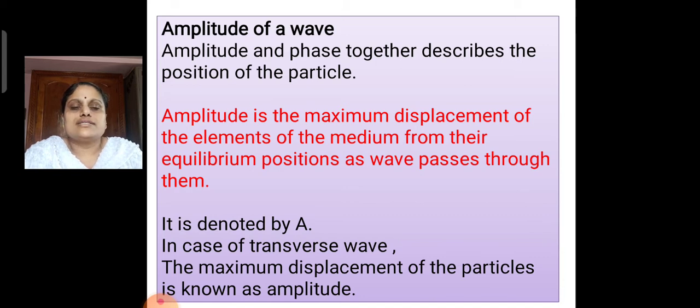We had already discussed in the previous chapter that amplitude is the maximum displacement of the elements of the medium from their equilibrium positions. It is denoted by capital A. In the case of a transverse wave, the maximum displacement of the particles from the mean position is known as the amplitude.